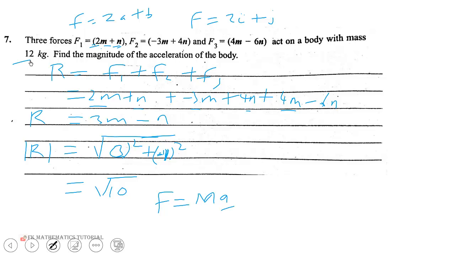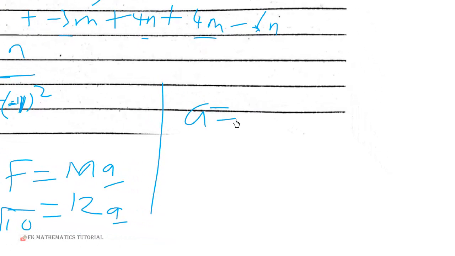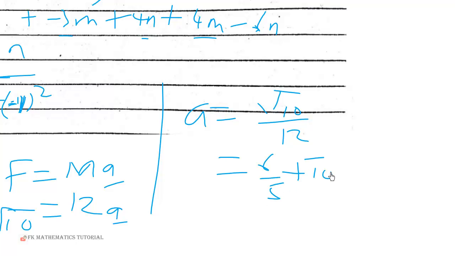The mass is given by 12 kg, and the magnitude of the force is root 10. So 12a is equal to root 10. We solve for a to get a equal to root 10 over 12, and that will give us something like 3.79. This will give us 3.79 meters per second squared.